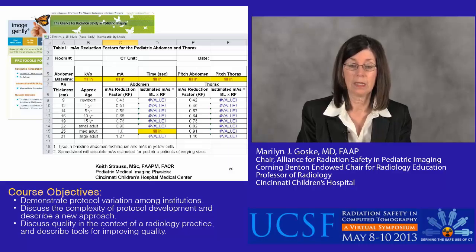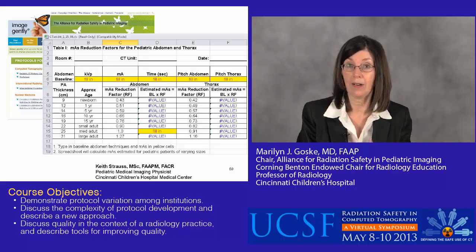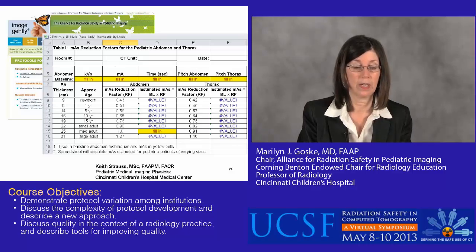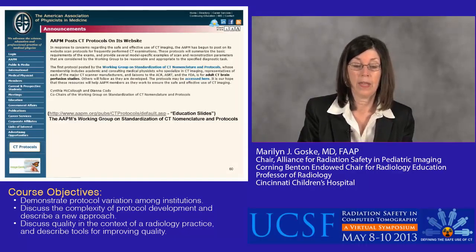And this protocol allows you to take your ACR accredited adult doses that you use and incrementally find a conversion factor to use to lower dose for your patients. And all the instructions are on the website. The AAPM also has a wonderful slide set that you can go on that's free and use for your use.